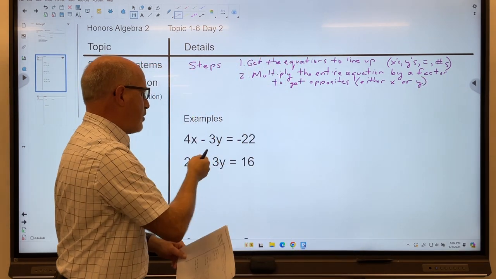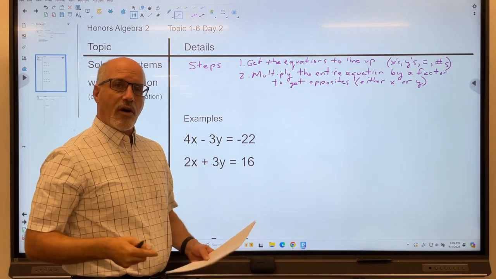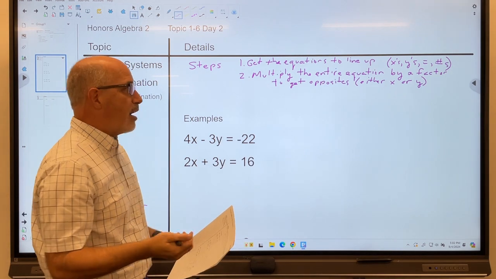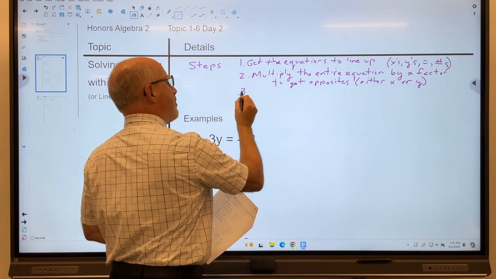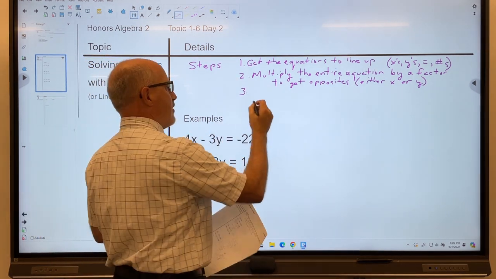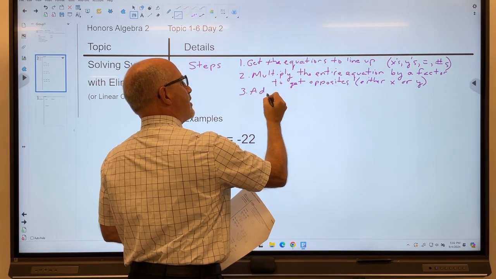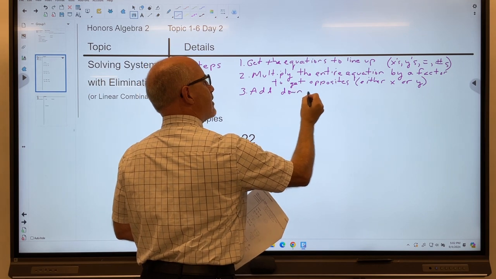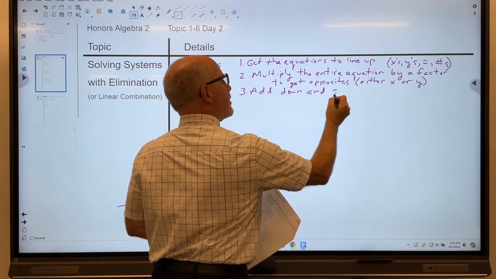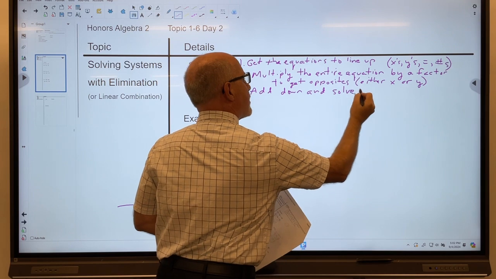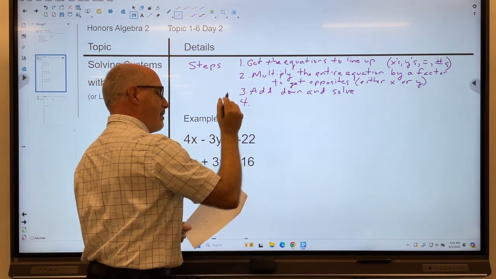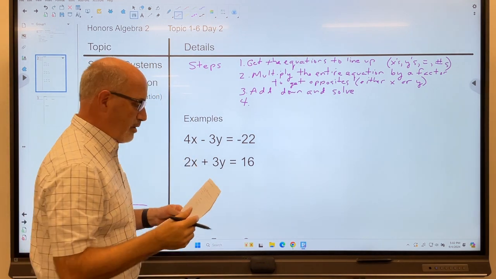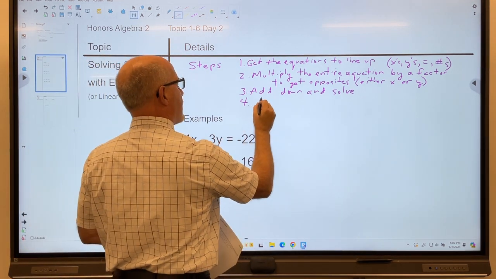If you look at this equation, notice that the y's are already opposites. You want that to happen where they line up and they're opposites. The third step is to then add straight down and solve. And then the last, fourth step is to go back and substitute to get the other variable.